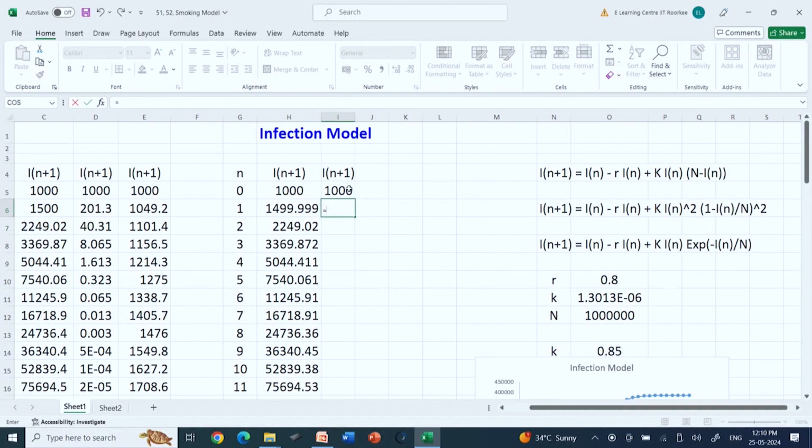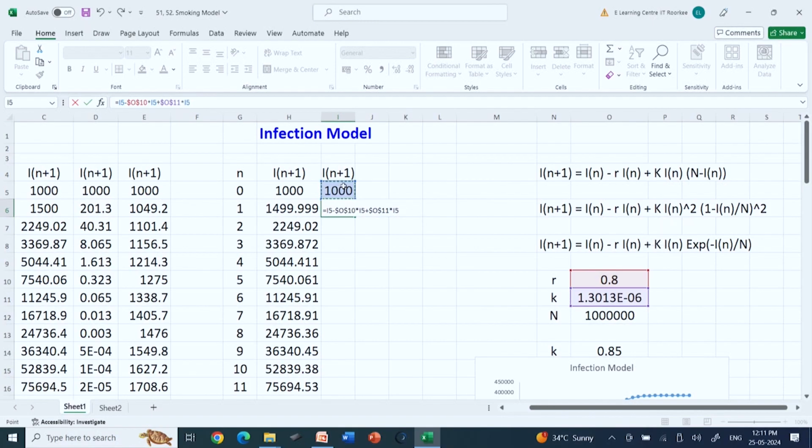So, this is equal to I n minus r, which is a constant, multiplied by I n, plus k, again a constant, multiplied by I n square.